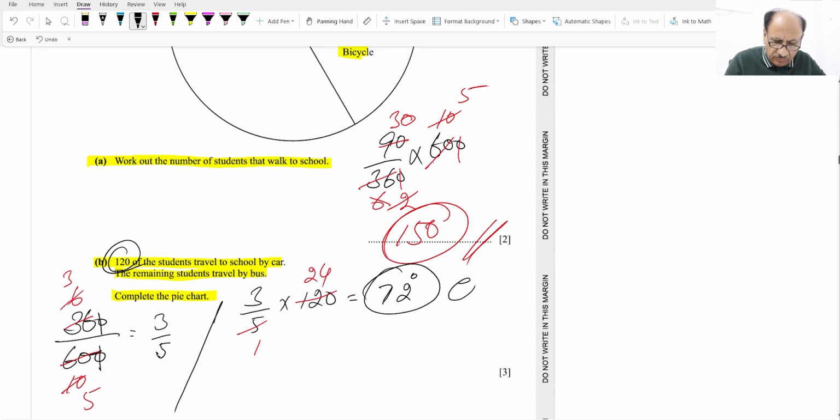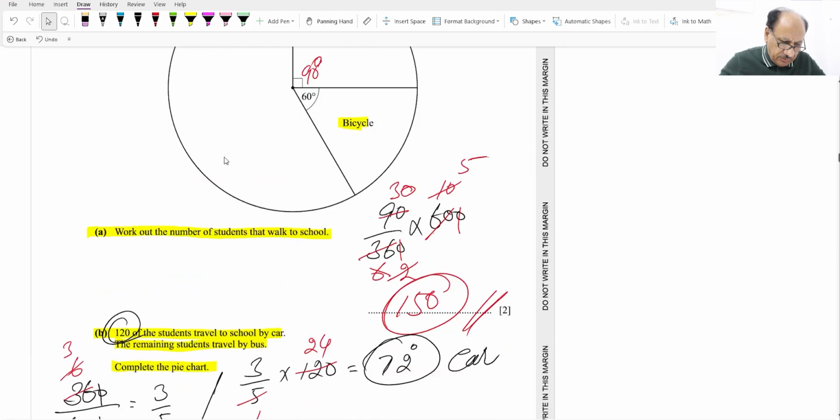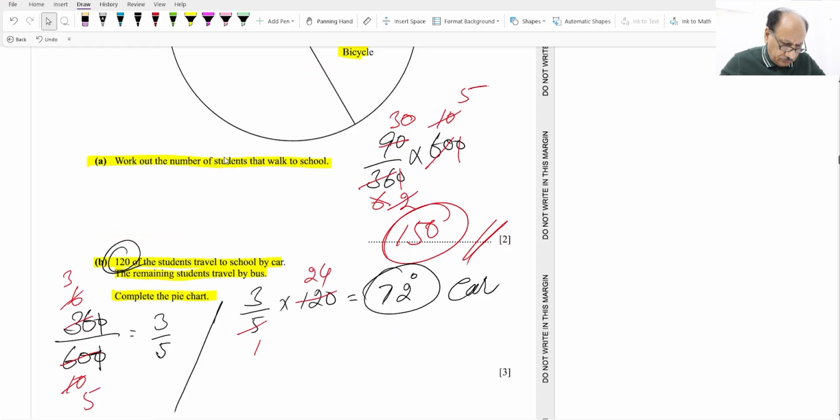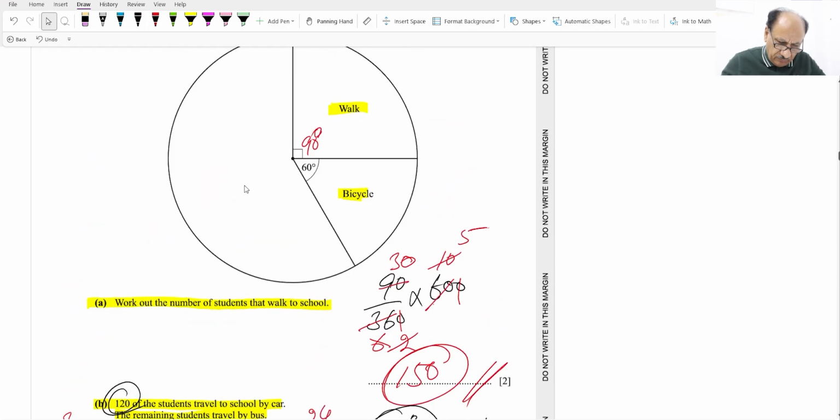This value will be for car, and the remaining will be for buses. So remaining students travel by bus. So that is basically the angle we need to draw. 72 will be roughly, I'm drawing roughly.